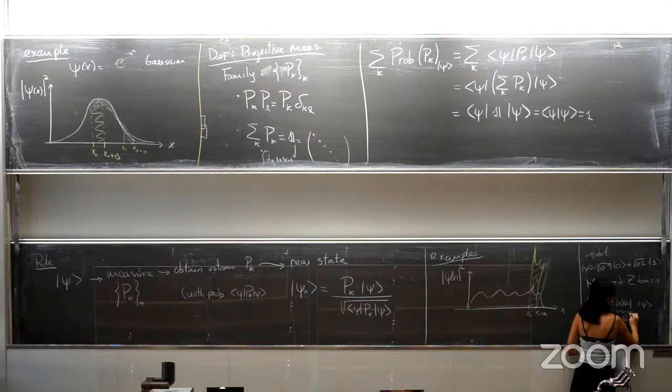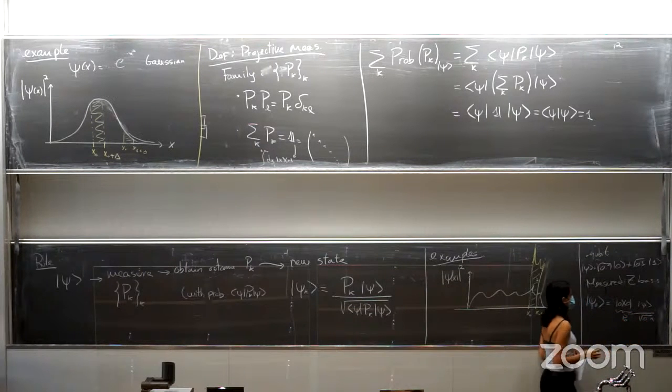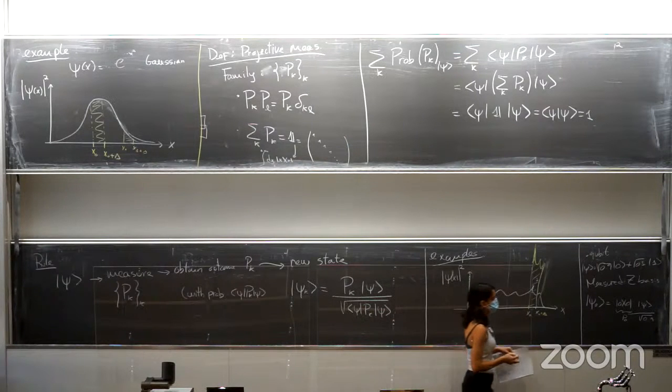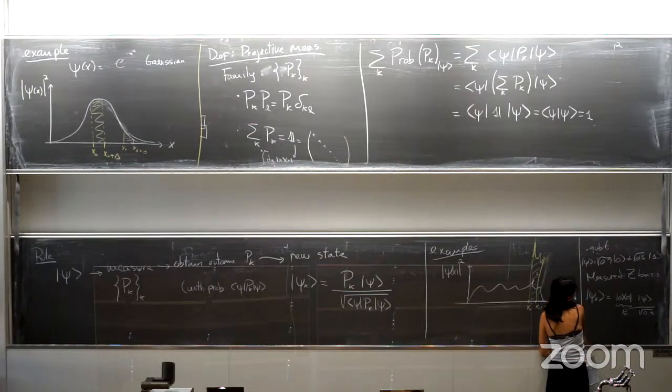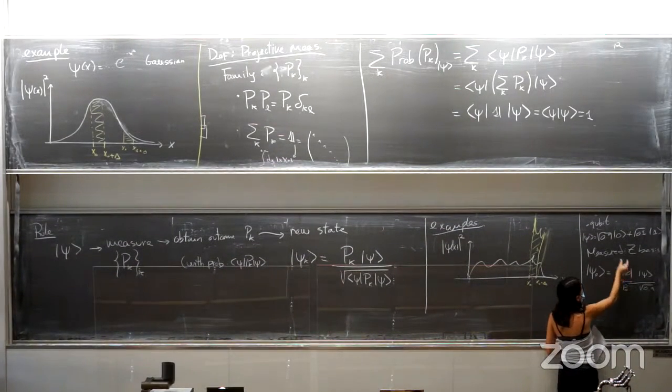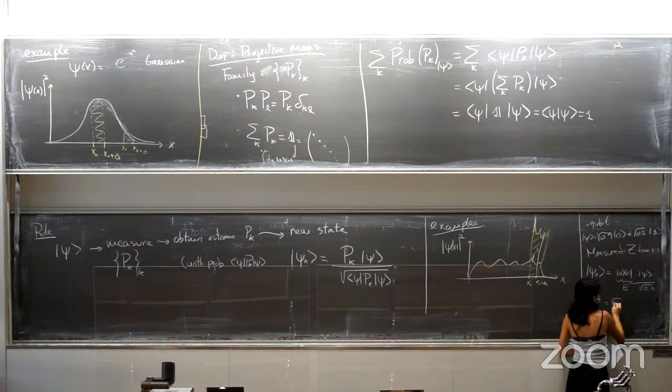|0><0| psi, and then this whole thing divided by square root of 0.9, that was the probability, right? That's just the probability that we computed before. But when you apply this bra here to this state, well, this term goes away, so you just end up with square root of 0.9 times |0>, and after dividing, that's just |0>.